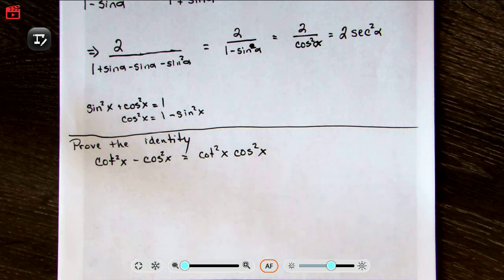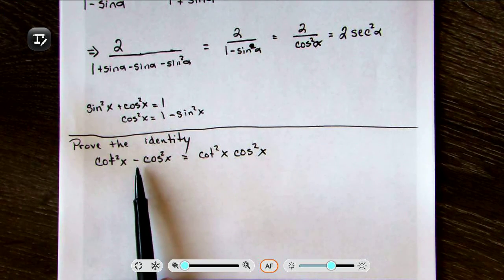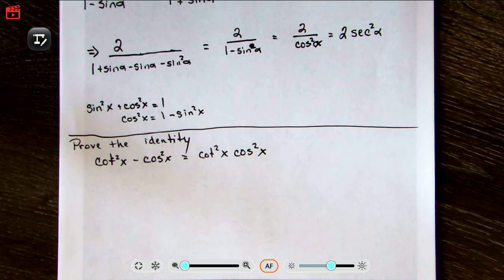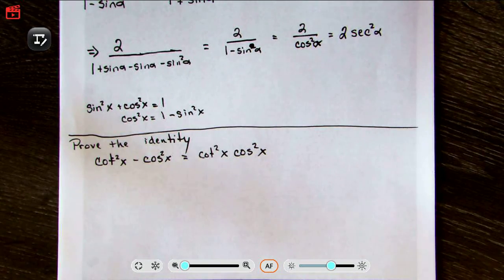Okay? To choose the side to work with, I look at the one that looks the messiest, or something that would be easy to simplify or change. Okay? And I think that if I have a subtraction problem, because there's like two pieces, I can bring them together to create one fraction if they're fractions. It's much harder to take a single and break it apart.